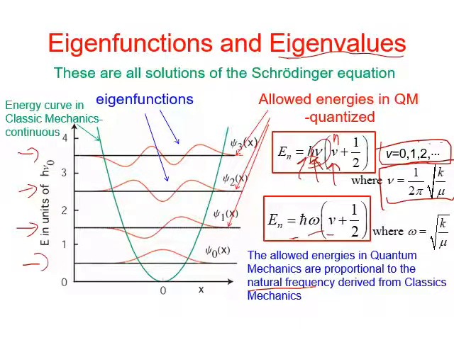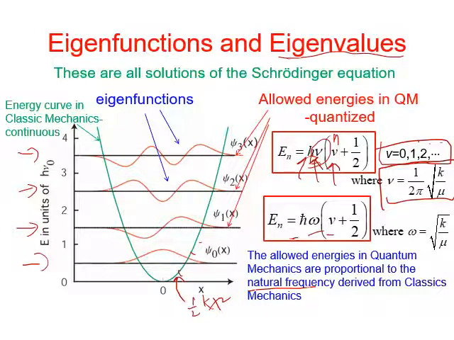Another thing that is interesting is in this diagram. In classical mechanics, the energy is half k x squared, depicted by this green curve. And you can see the energy can be any value, can be 0, or can be any other value.